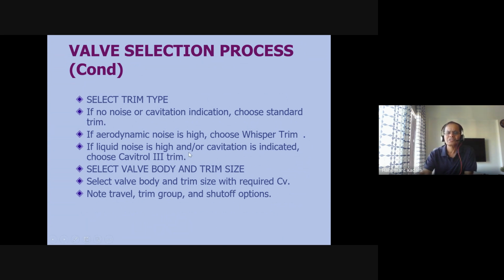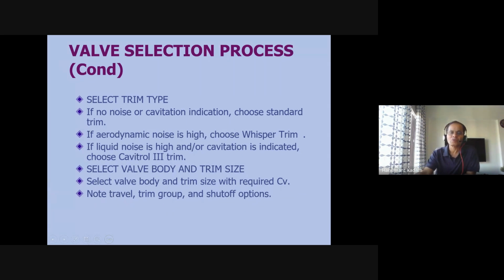Accordingly, your trim is selected. Select the valve body and trim size with the required CV. Those are external factors which you have to select based on your process requirement and valve previous experience. Note travel, trim group, and shut off.